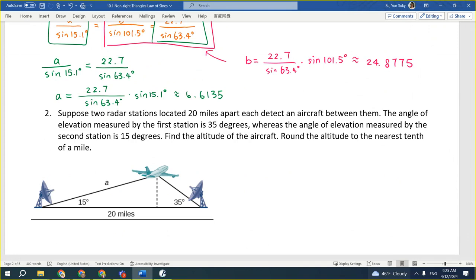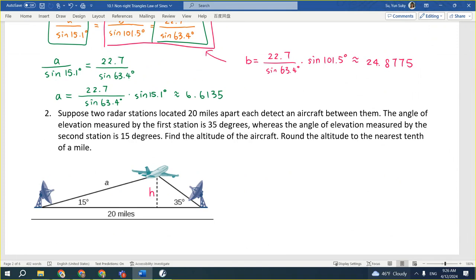Okay, so here we are looking for this h. In order to find this h, you need to know either the side a or side b.